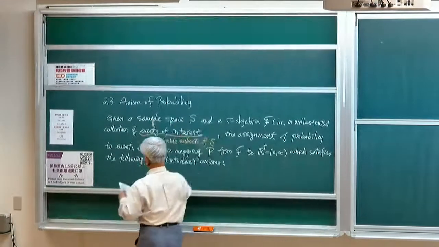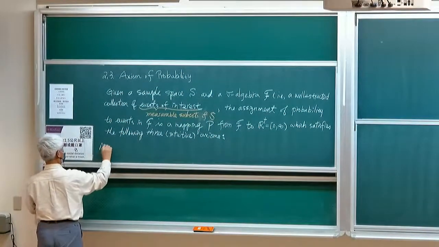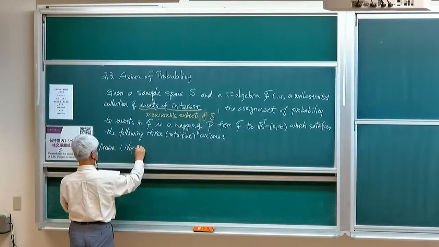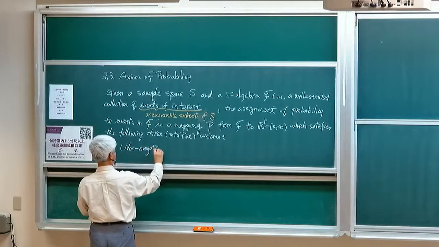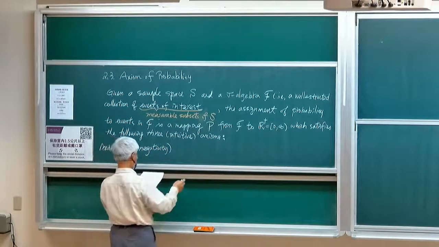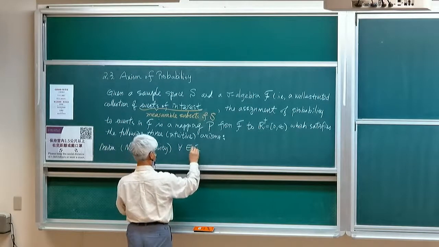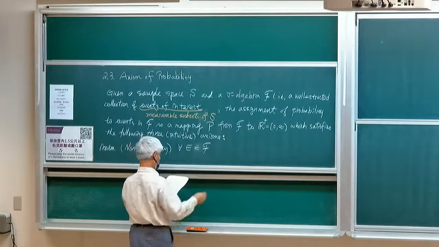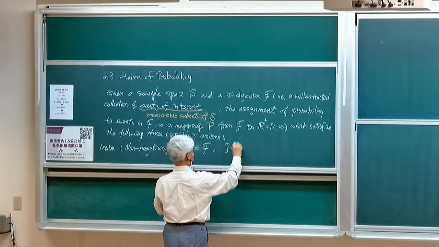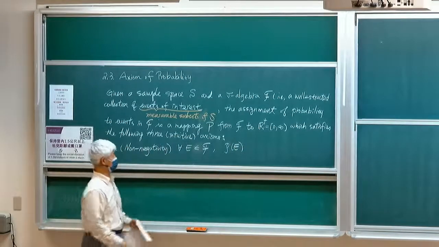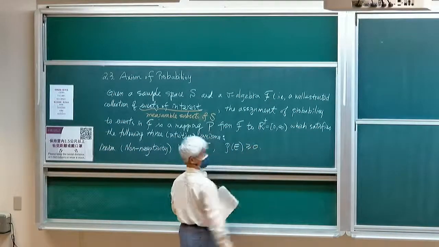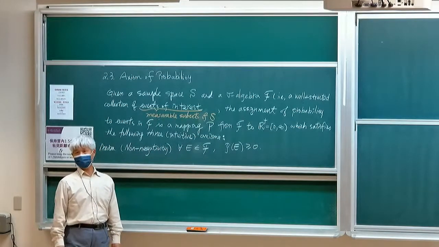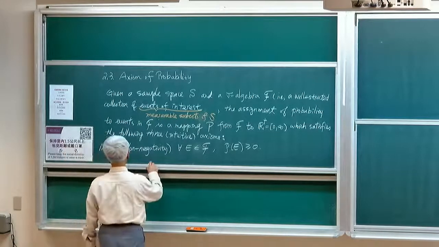Okay, so axiom number 1 we call non-negativity, which says that for all events in the sigma algebra, the value of the assignment should be greater than or equal to 0. Because probability, as our understanding, should be non-negative. Okay? So that is axiom number 1.